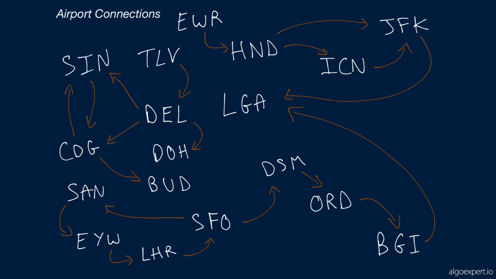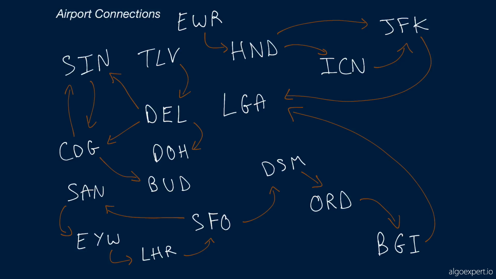So here you can see I've got the starting airport, LGA, LaGuardia. Then I've got all the other airports sort of scattered about. And then a bunch of the airports have arrows pointing out from them. So like EWR to HND, ICN to JFK, JFK to LGA, and those are the routes, right?